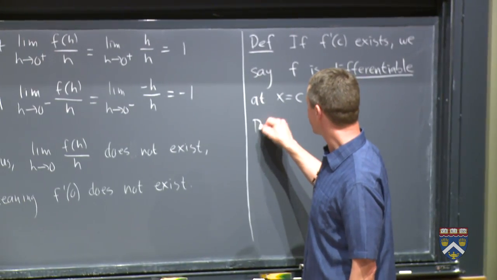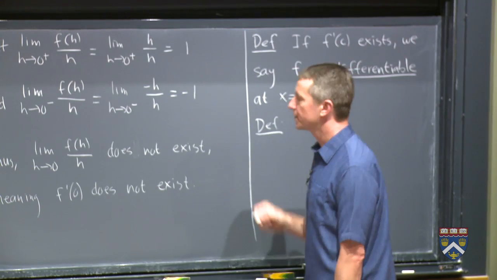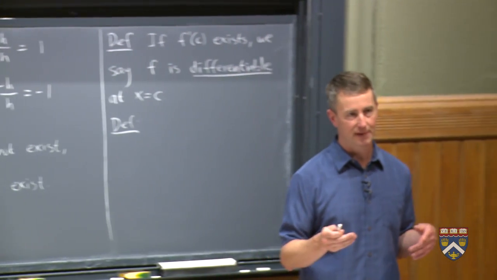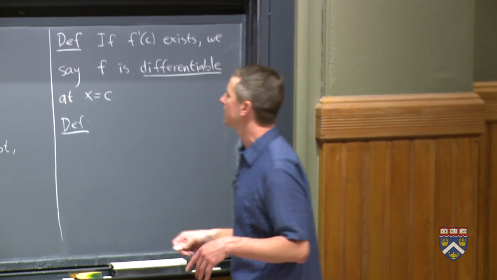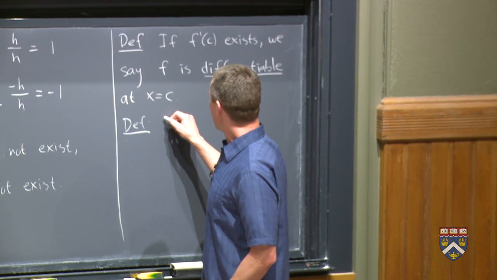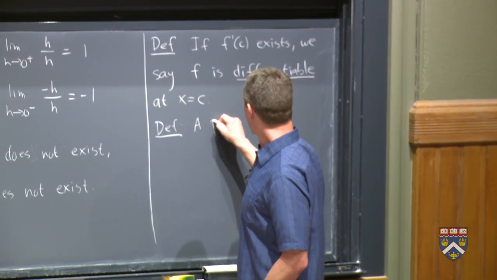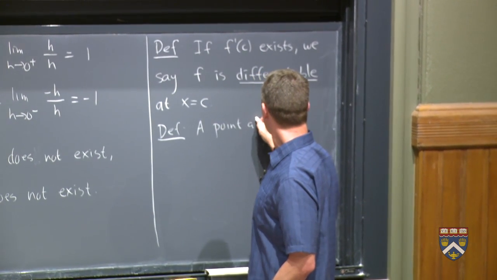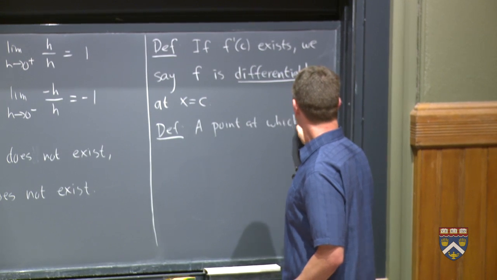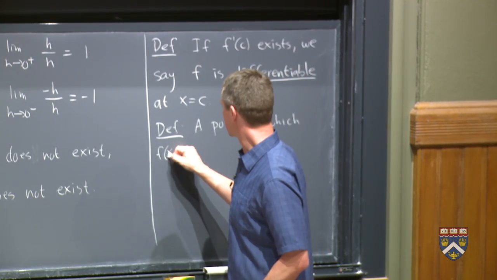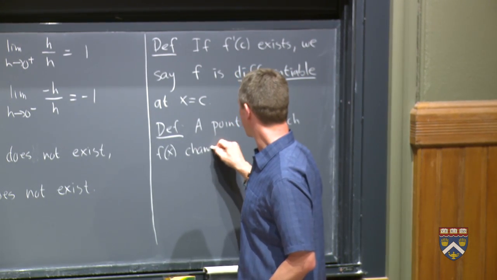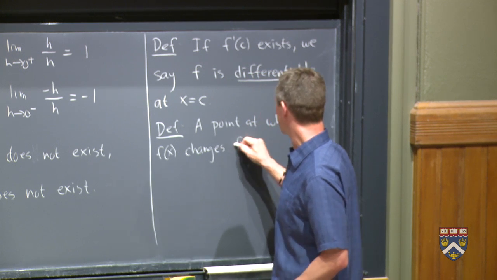And we should have one more definition that goes along with our concave up, concave down that we started off the week with. A point at which f of x changes from concave up to concave down or vice versa.